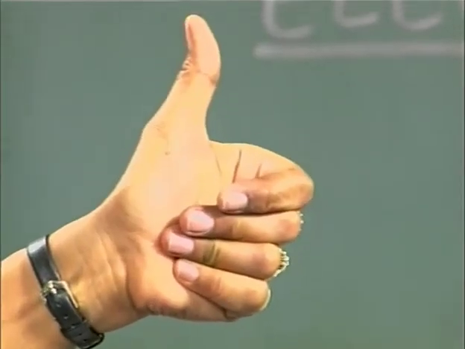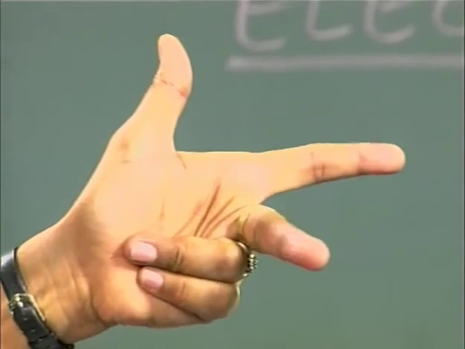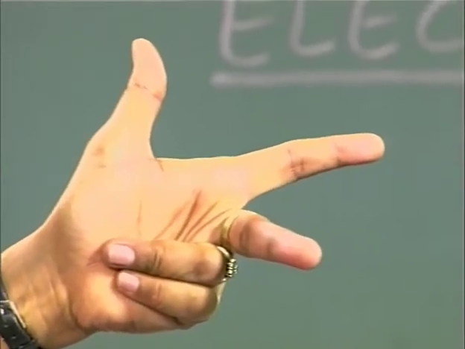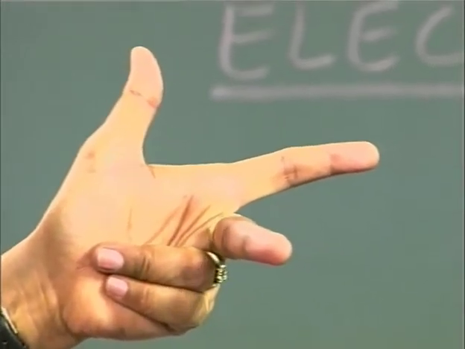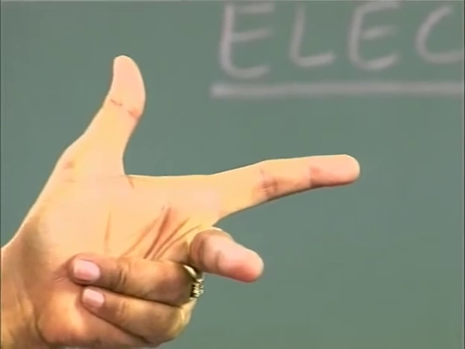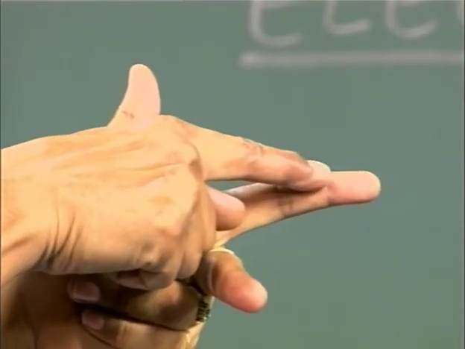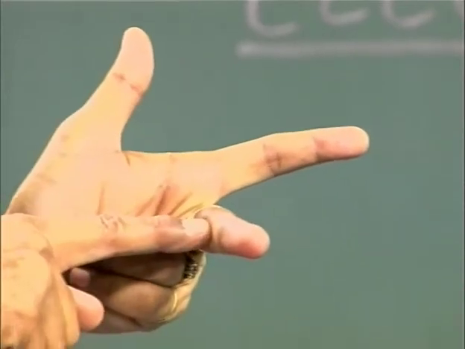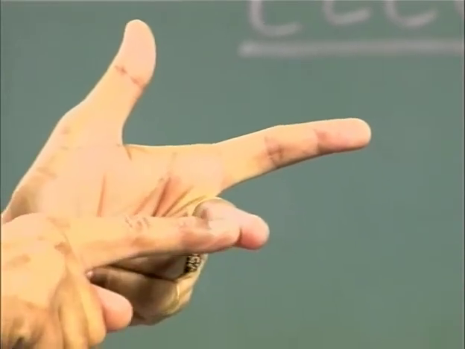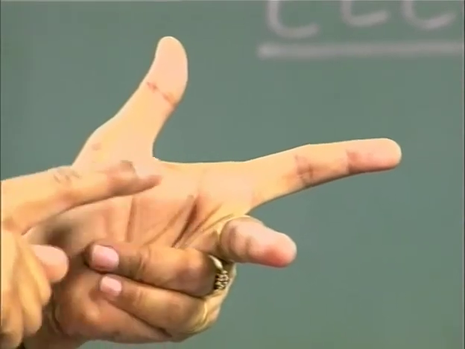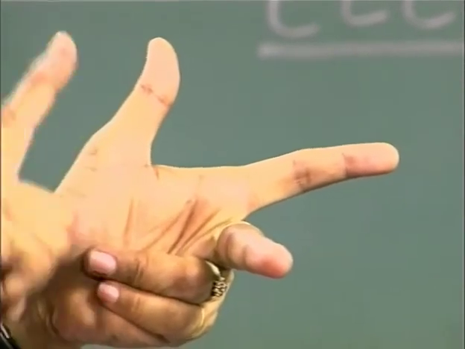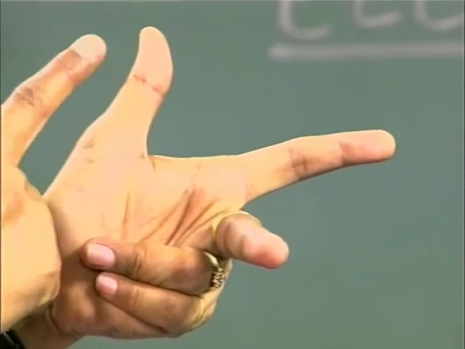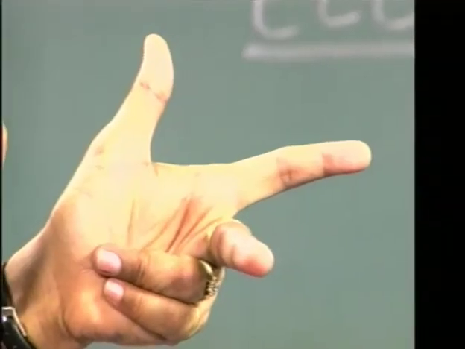Stretch your thumb, your forefinger and your middle finger such that all are mutually perpendicular to each other. If your forefinger indicates the direction of the magnetic field and the middle finger gives the direction of current, then the force experienced by the conductor will be in the direction the thumb is pointing.